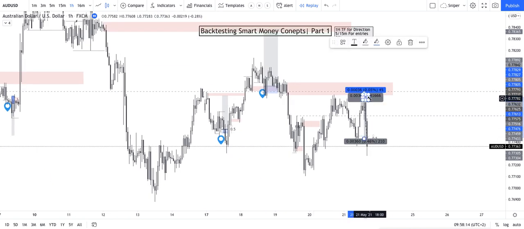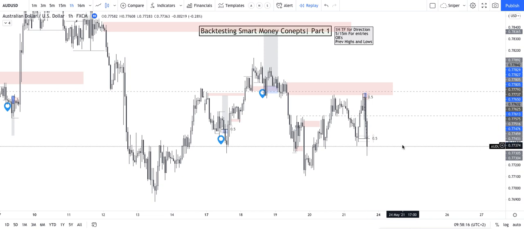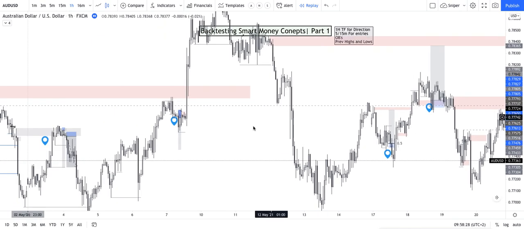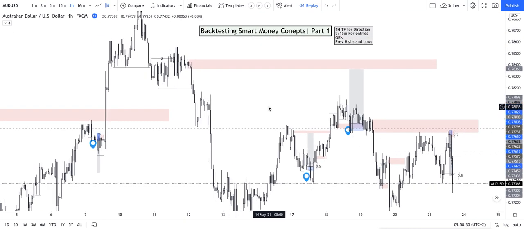It could have been a 10R or it could have been a loss. So I leave it up to you to decide what you would have done with that. But that is just a quick backtesting session on some basic smart money concepts, not too complicated, keeping it very simple. I'll definitely do more of these in the future.